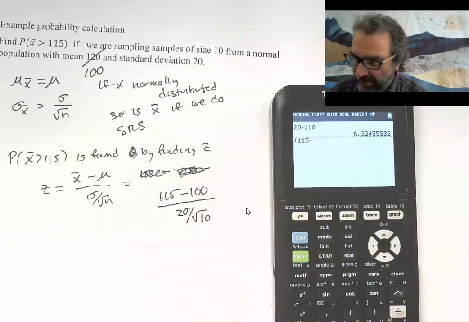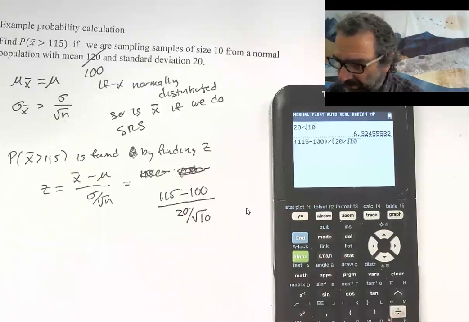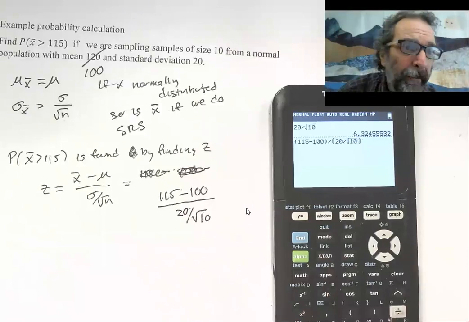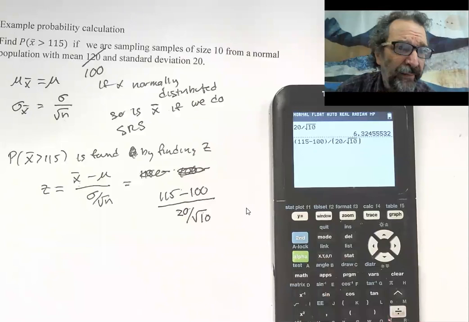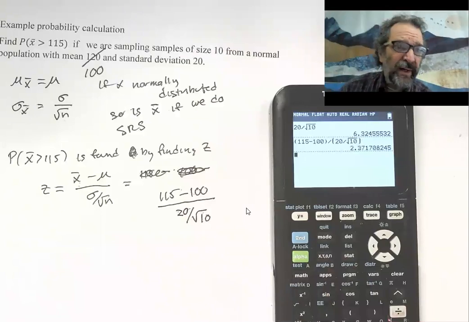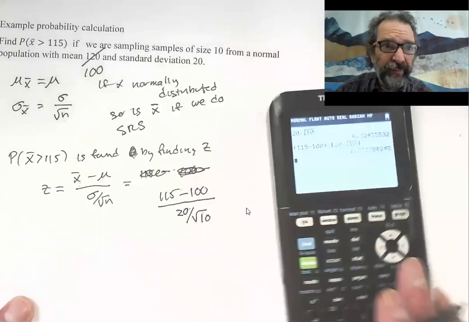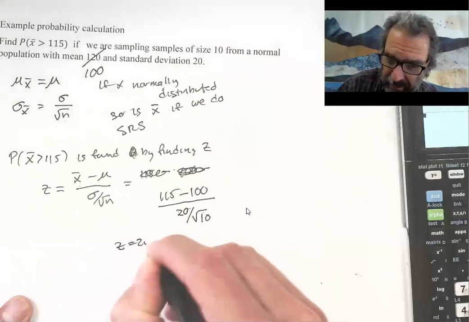I know that's 15. Divided by, and then parentheses again, 20 divided by the square root of 10, and close up the parentheses. You have to be careful. We're dividing, so parentheses keep us from having the calculator do something silly. So that's guaranteed to work. So I get 2.37. I thought it might be kind of a big number. Z is 2.37.